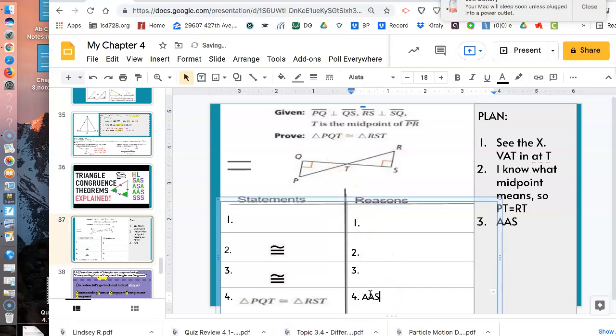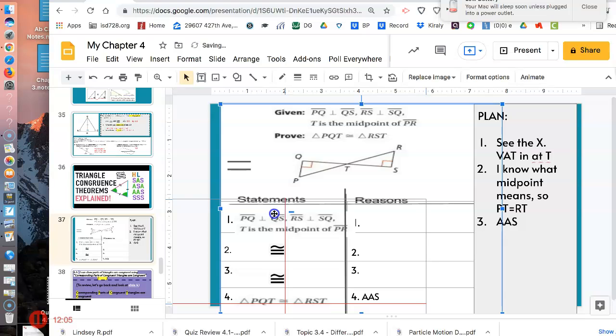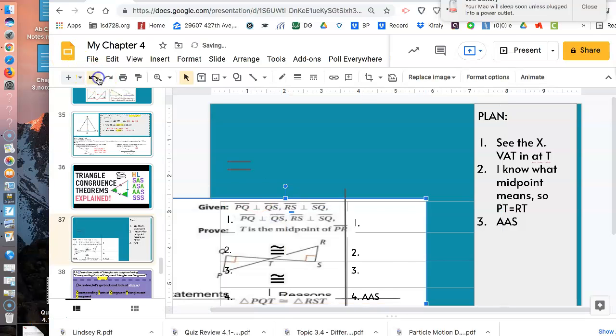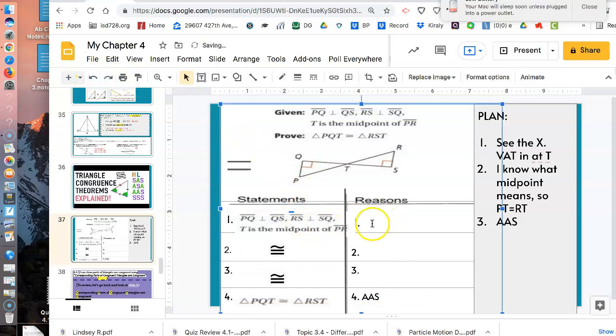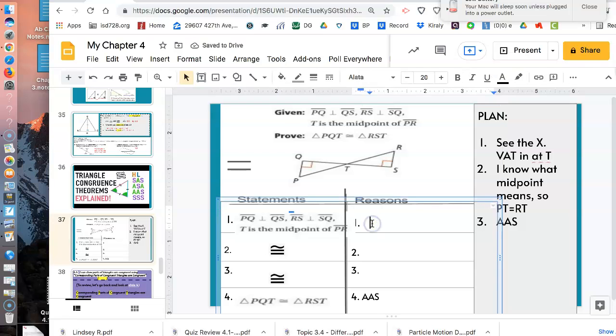Angle, angle, side. What do I put first? I'm going to drag my given in there. Okay, how do I know that? We're just going to type in over here, it was given. Now for these two things, I noticed I had some angles congruent by the vertical angle theorem. What were they?